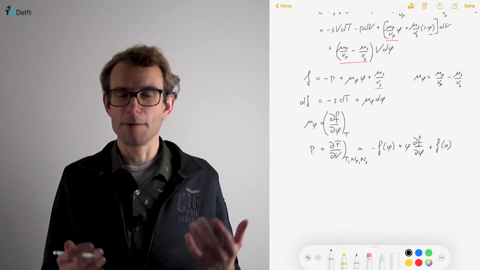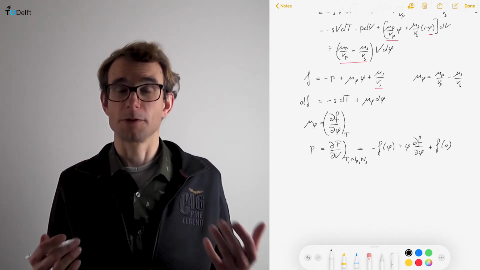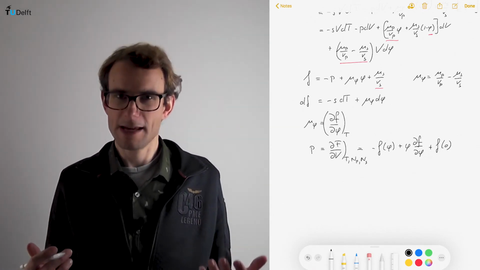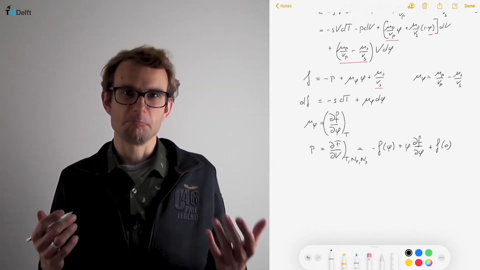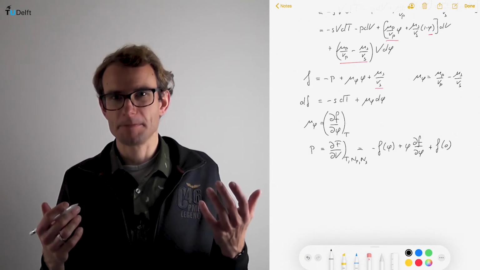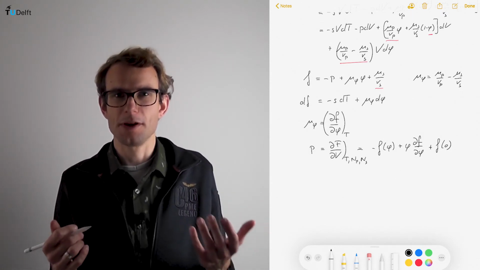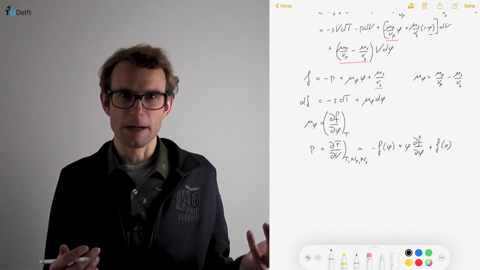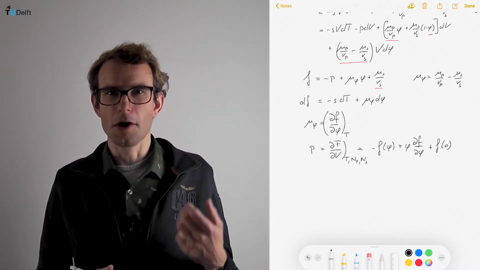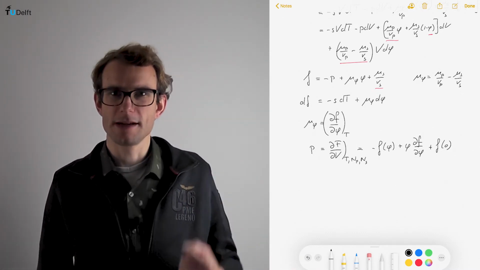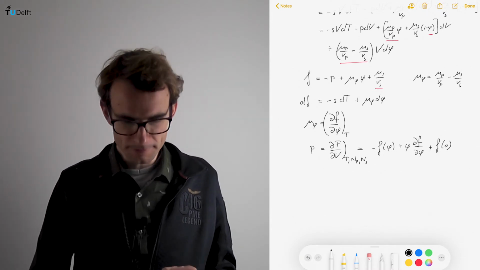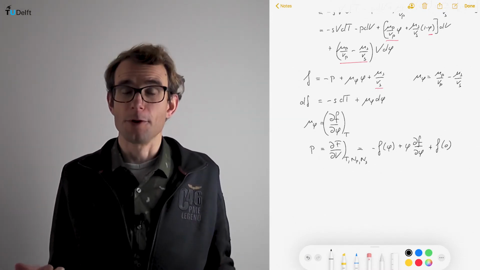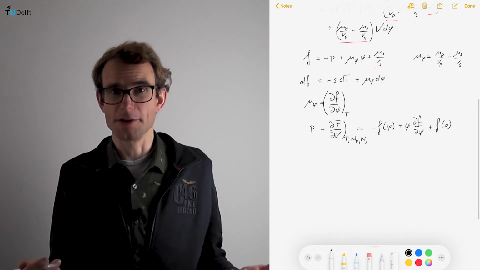So similar to what we had before when we were talking about coexisting liquid and gas phases or things like that, now we have coexisting fluid phases, so coexisting liquid phases that have a newly defined role for the pressure and the chemical potential, which are related to the relative concentration of one type of particles in a solution of the other. All right, and for phase coexistence, everything else still holds.